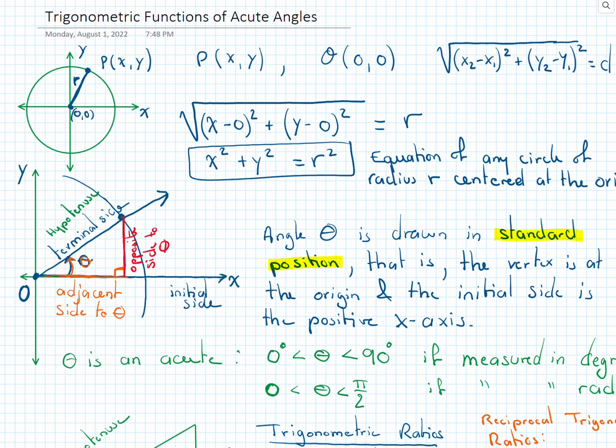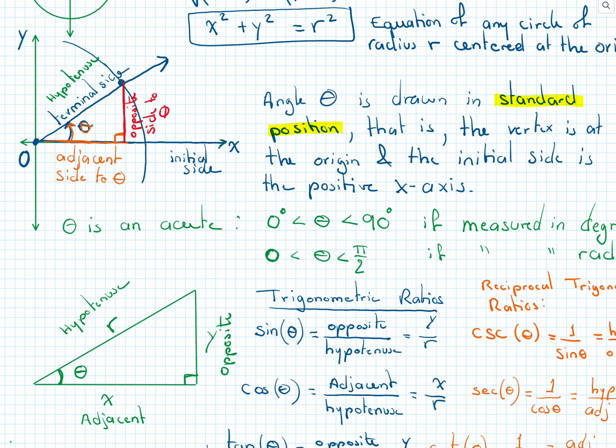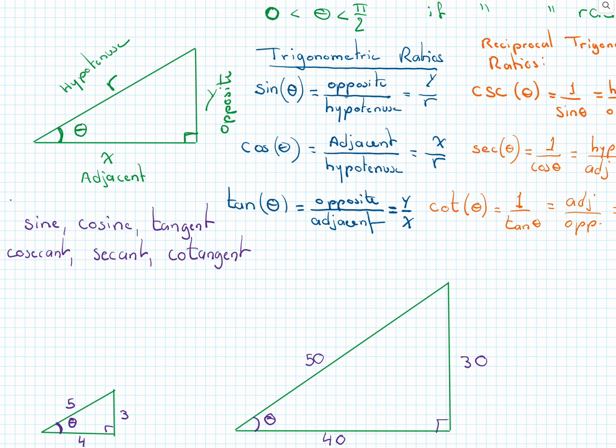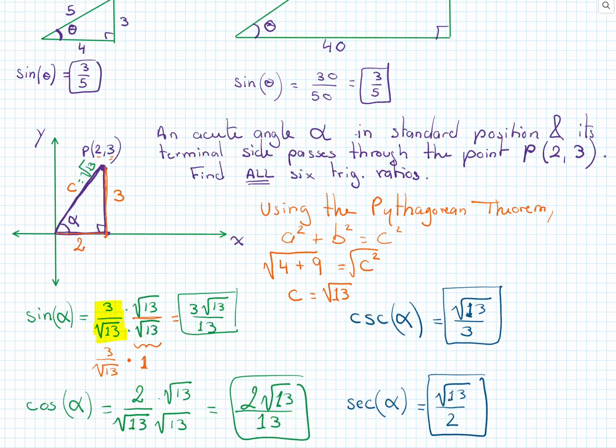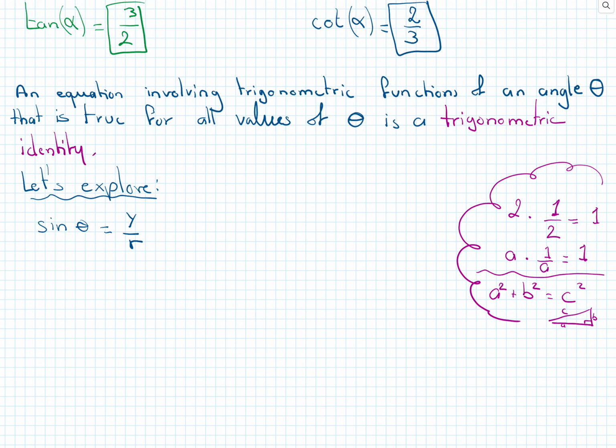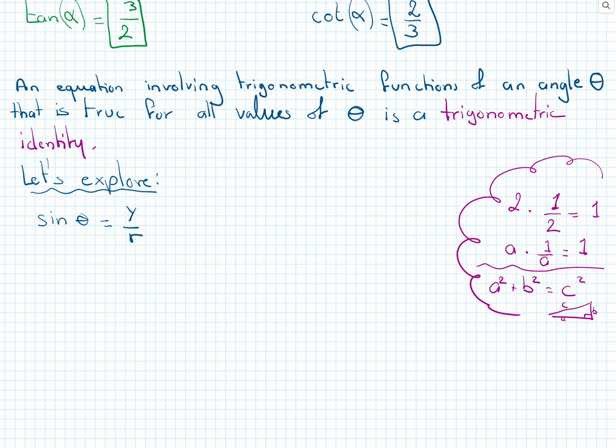Sine of theta, opposite over hypotenuse, so y over r. So this is always true. No matter what theta is, that's an identity. And then we have the cosine of theta, we know always to be x over r. Now let's put those two together.